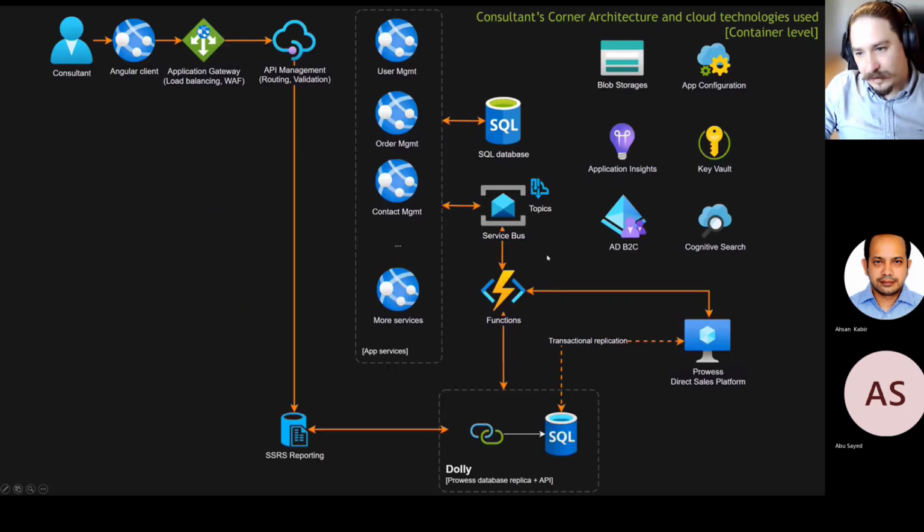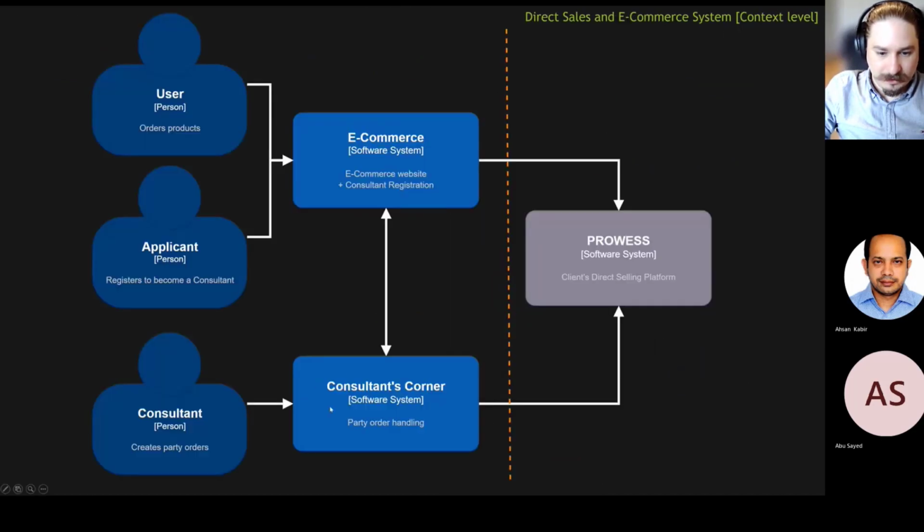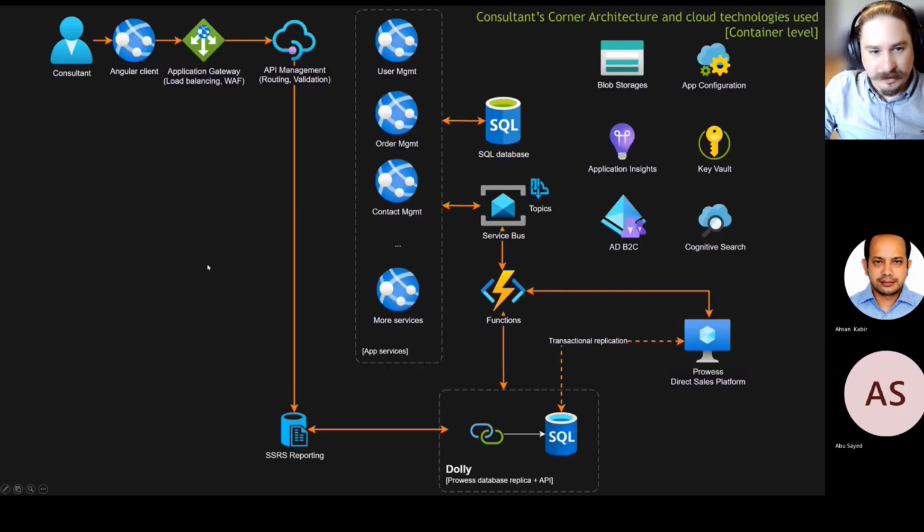And we have the second one, where I just detailed the consultants corner from the previous slide, this one. Sorry for jumping back and forth, but I'd like to make sure that everything is clear. So we have this software architecture for consultants, and let's start with the front end.